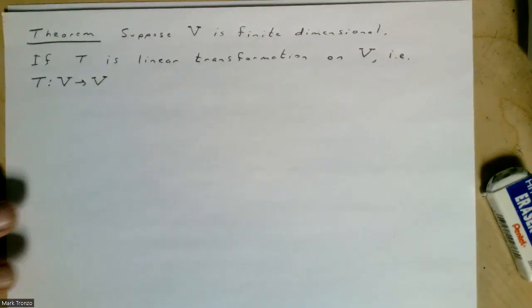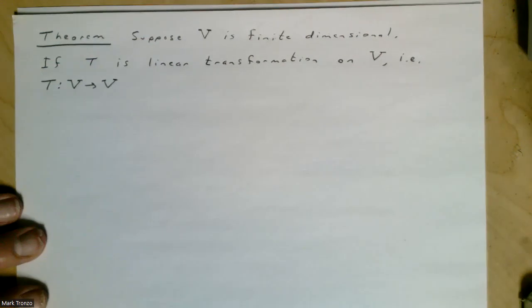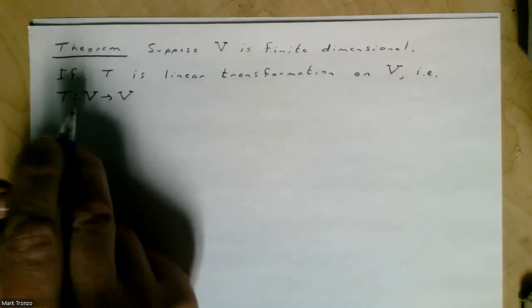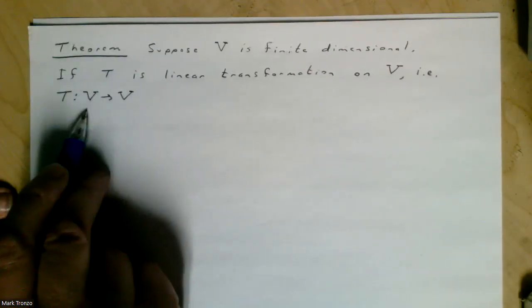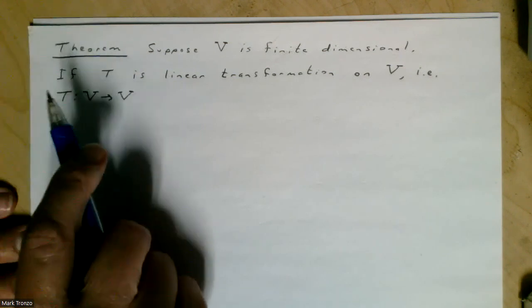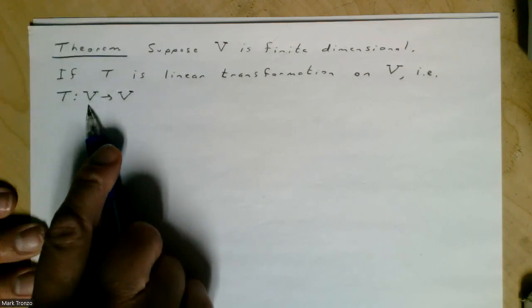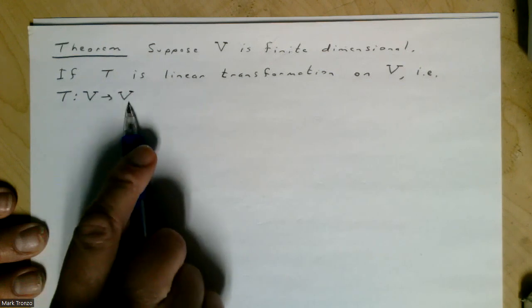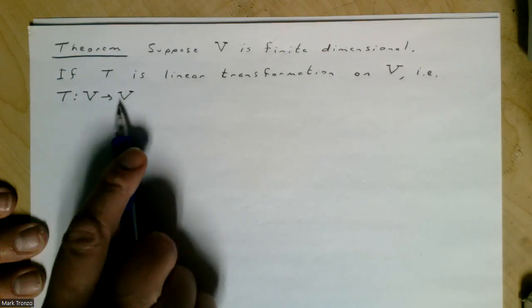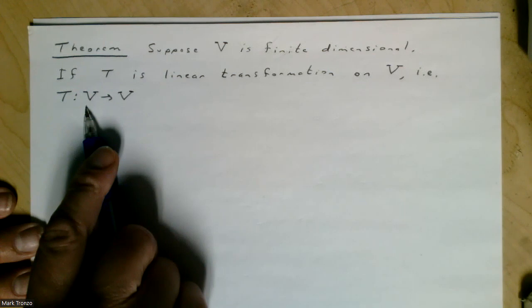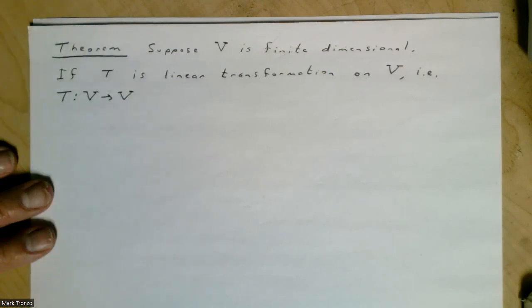So now we're talking about a linear transformation that takes vectors from V to V. Before, we were taking vectors from one vector space to another, but this is taking vectors from V to V.